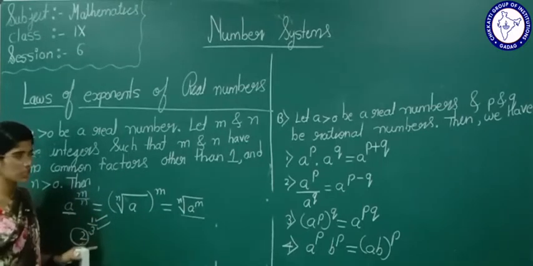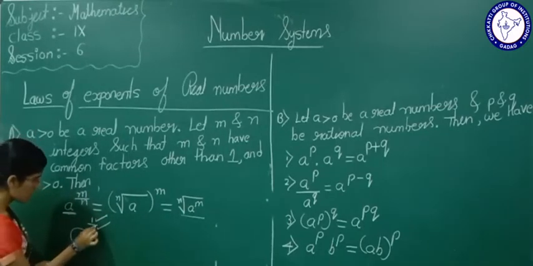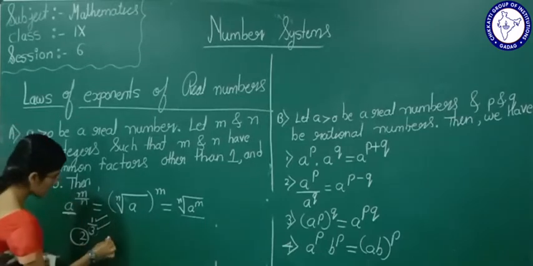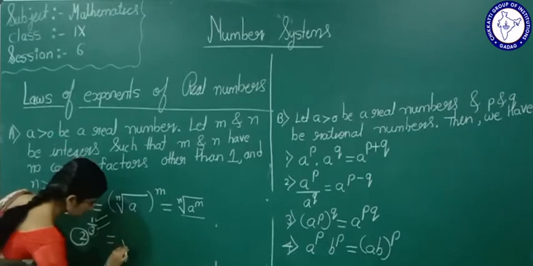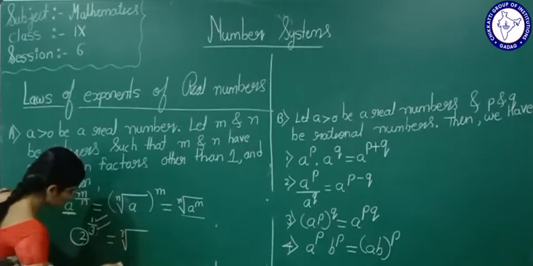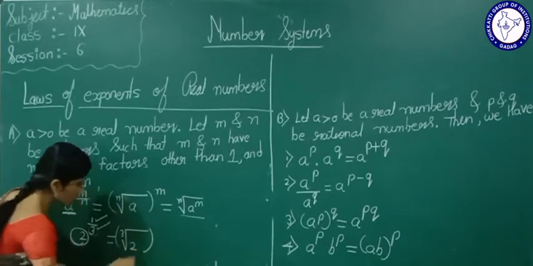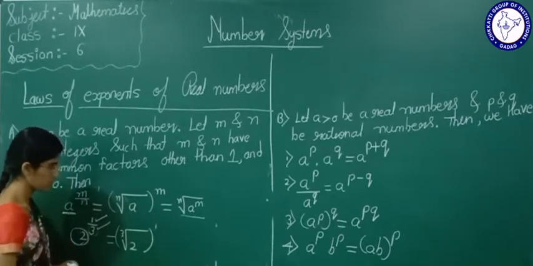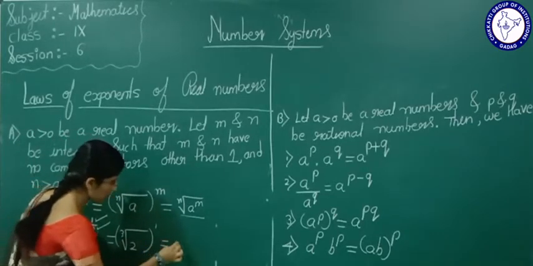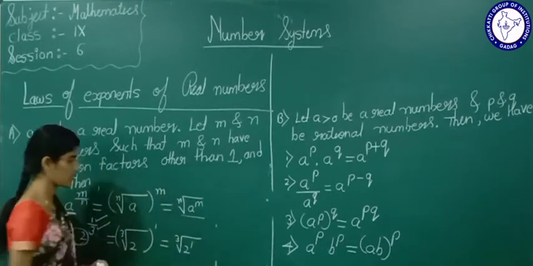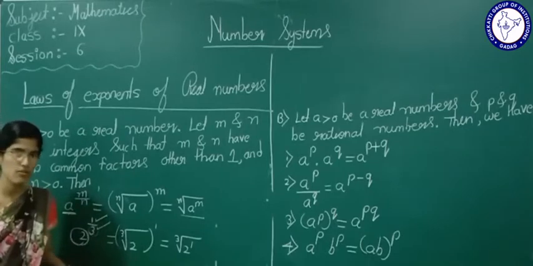One more condition is that n should be greater than 0. This can be written as the cube root of 2, whole raised to 1. This is the meaning of this.